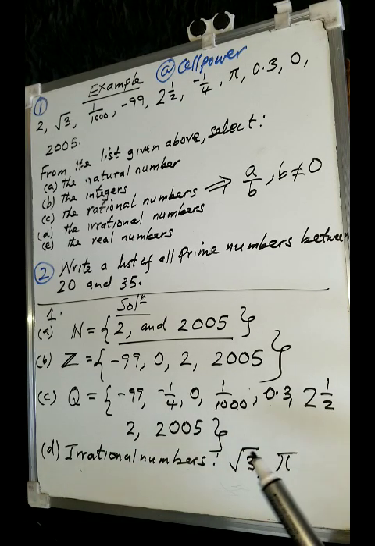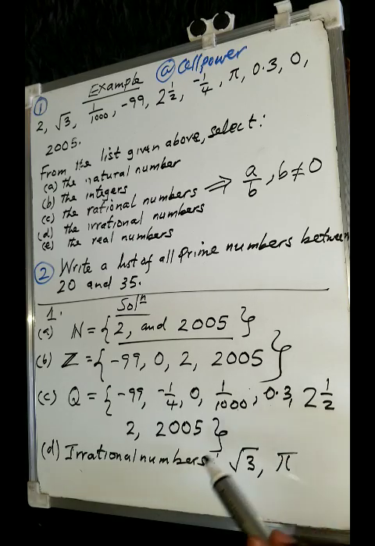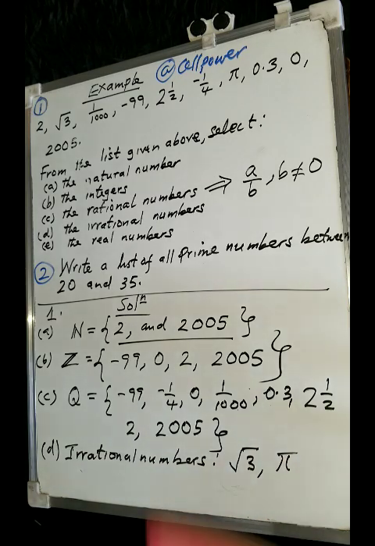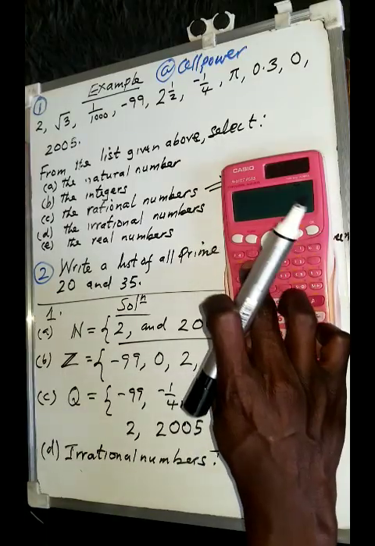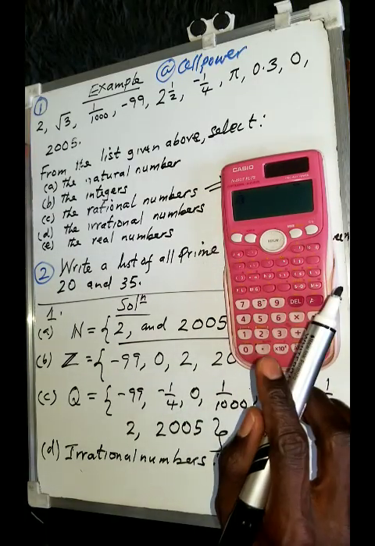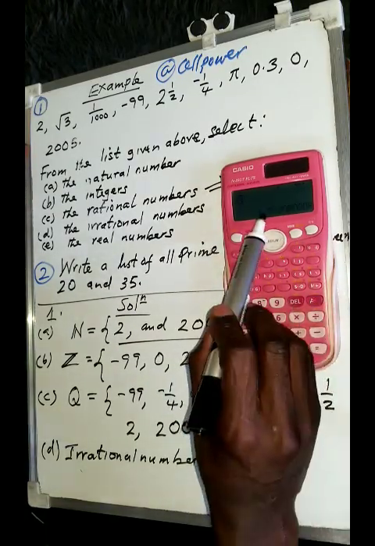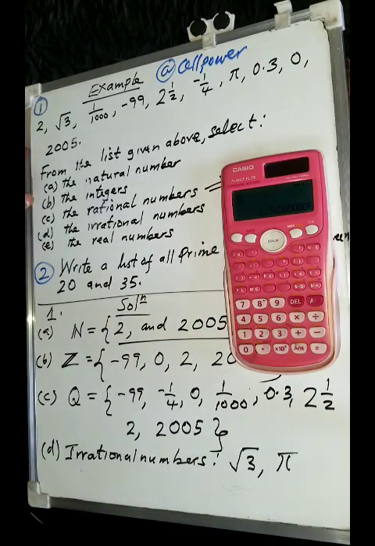Now, the reason why we choose these is because these are decimals that go on forever with no repeating pattern. If you find the square root of 3 on your calculator, you are going to find that there's no repeating pattern. So this is simply an irrational number.